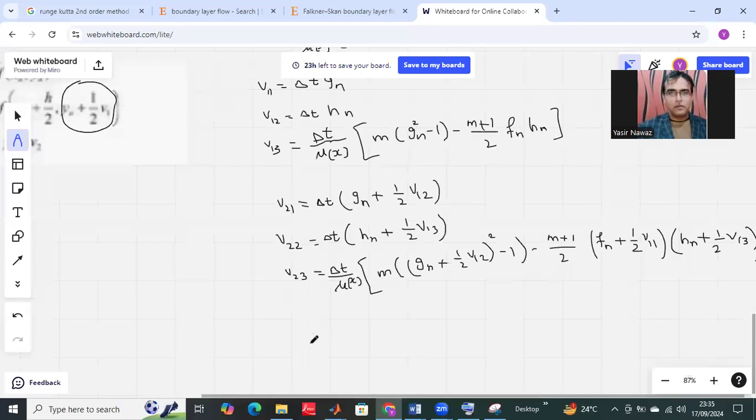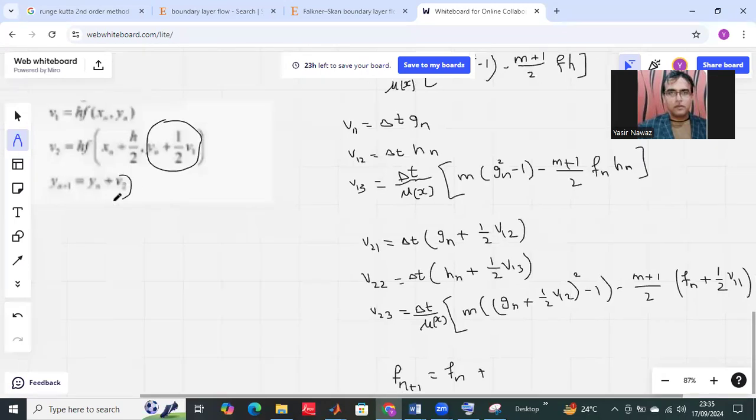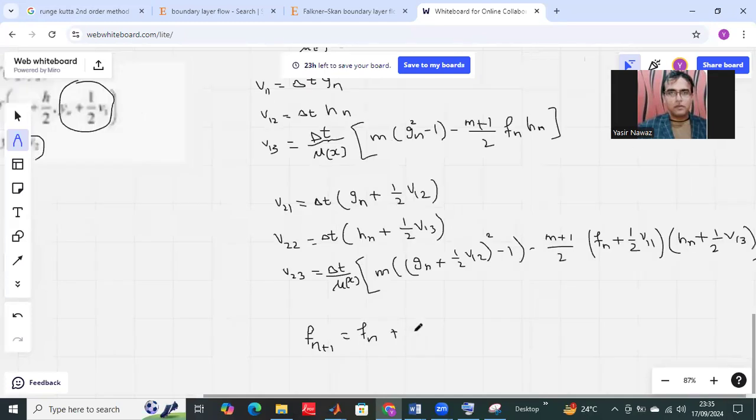And now the solution will be calculated at the next time level, or the next grid point. So that would be Fn plus 1 is equal to Fn plus, according to the formula, the last stage, V21.